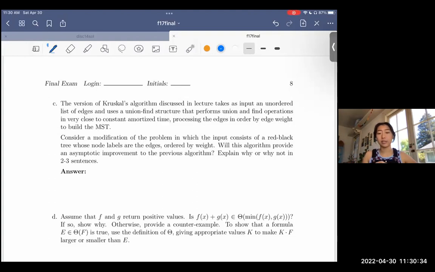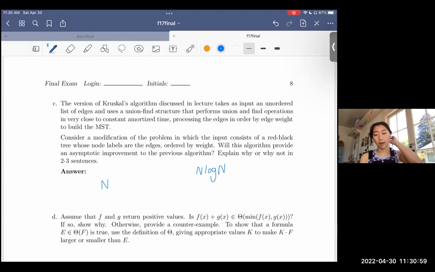Like I said, Kruskal has to sort the edges and sorting takes n log n time. Now we can just do an in-order traversal of this red-black tree, because a red-black tree at the end of the day is just a binary search tree. And the in-order traversal, which is linear or n time, will give us the sorted edges.